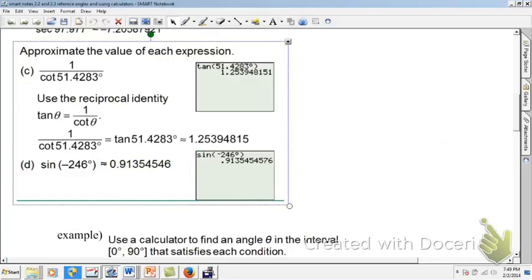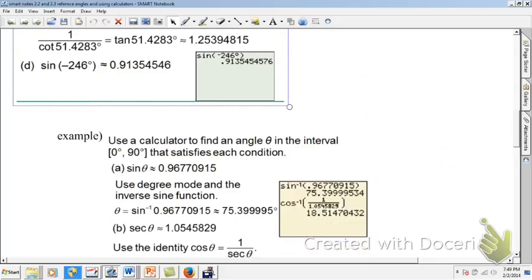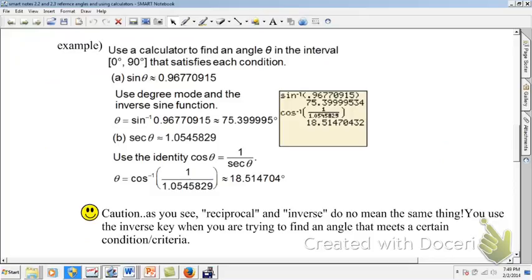Okay, and then let's take another look. Use a calculator to find an angle in the interval from 0 to 90 that satisfies each condition. So this is a good skill to have. We're going to be going to it deeply by hand in a future chapter, but if I say that sine of theta is equal to 0.967 approximately, how do you find theta?